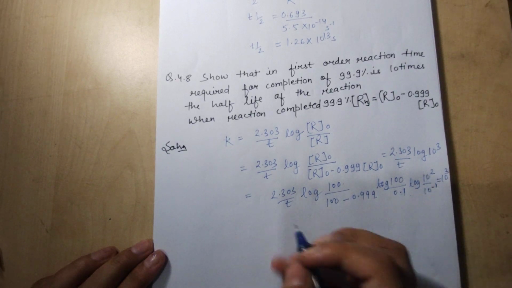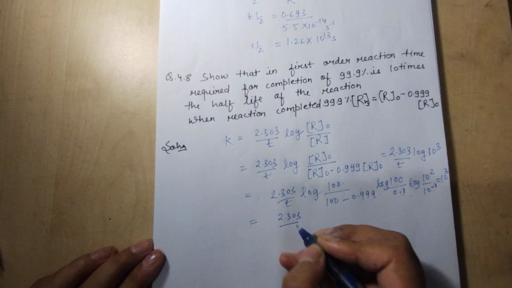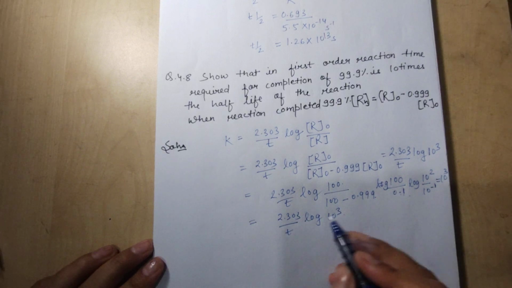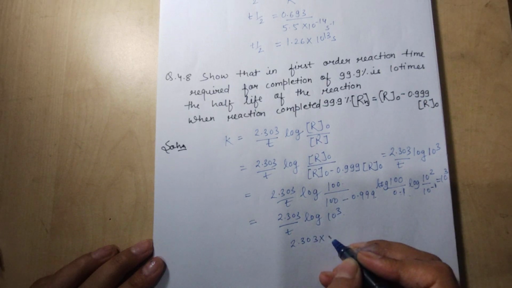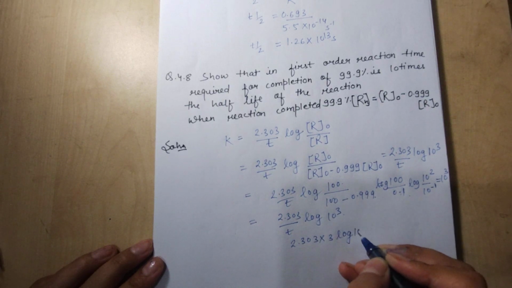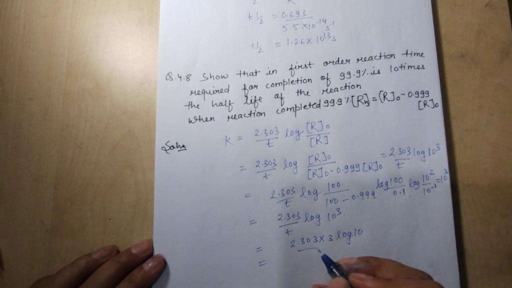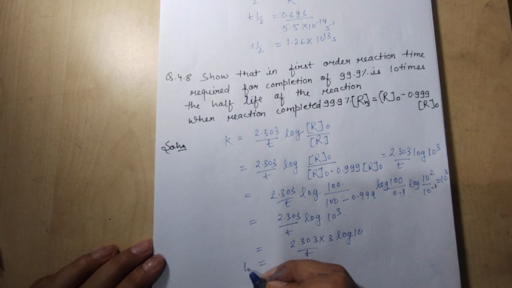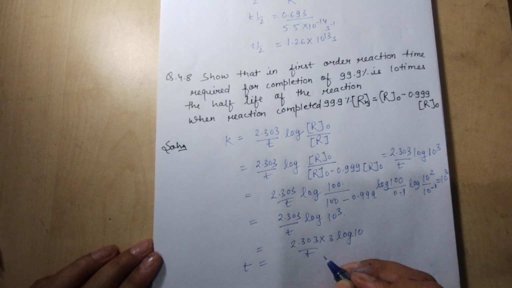Now after putting all this, 2.303 upon T log 10 power 3, we can write this equation like 2.303 into 3 log 10 upon T. So moving time towards this side, time becomes 3 into 2.303, that becomes 6.909.